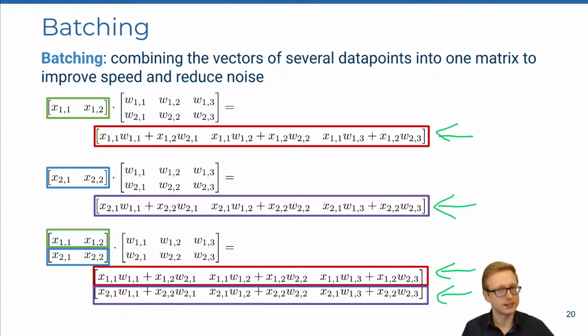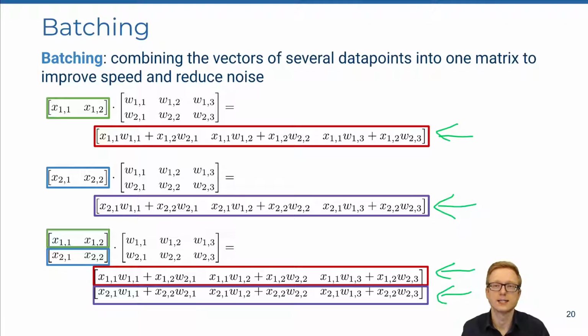So you can batch your data points together and send them through the network at the same time, and you'll get the correct output as long as you have set up your network correctly and you're using the correct dimensions in your matrices.